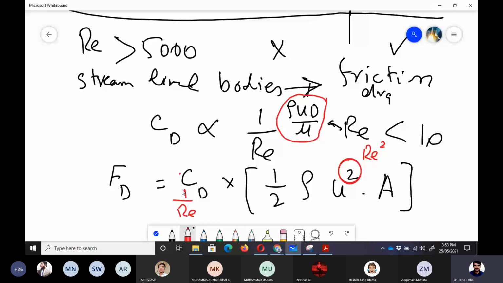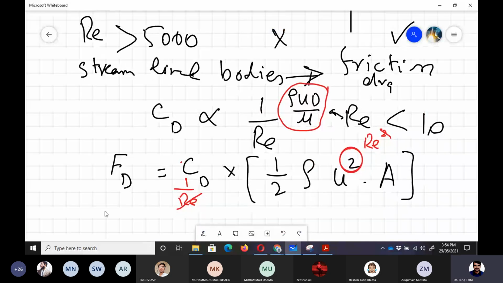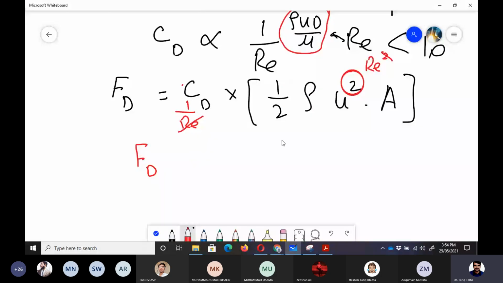So this 1 upon Reynolds number would be cancelled out with this square, and I can say that FD is proportional to Reynolds number. So now, Usama, it would be clear to you: as you were saying, with increase in Reynolds number the total drag force would increase.